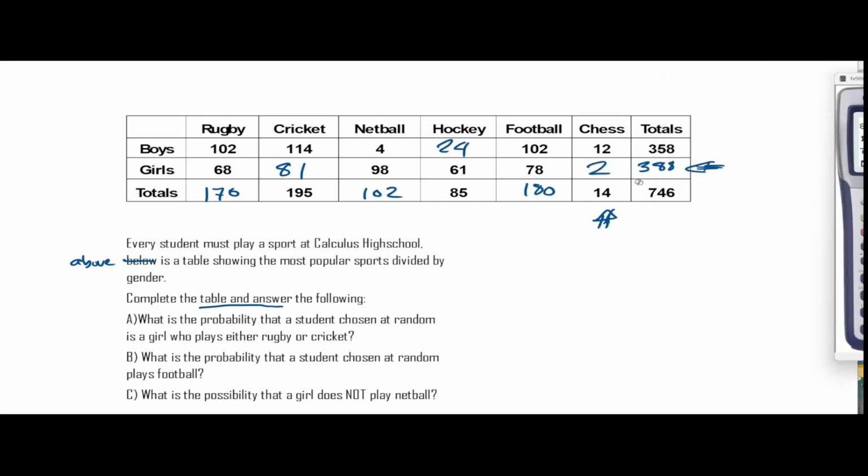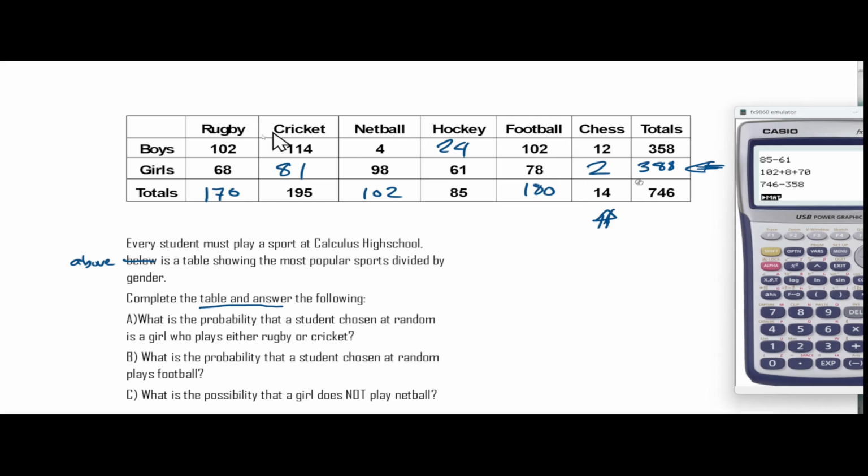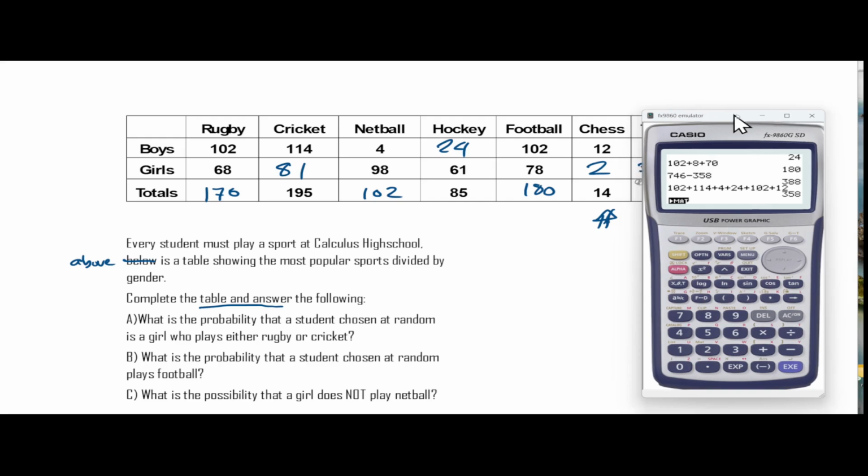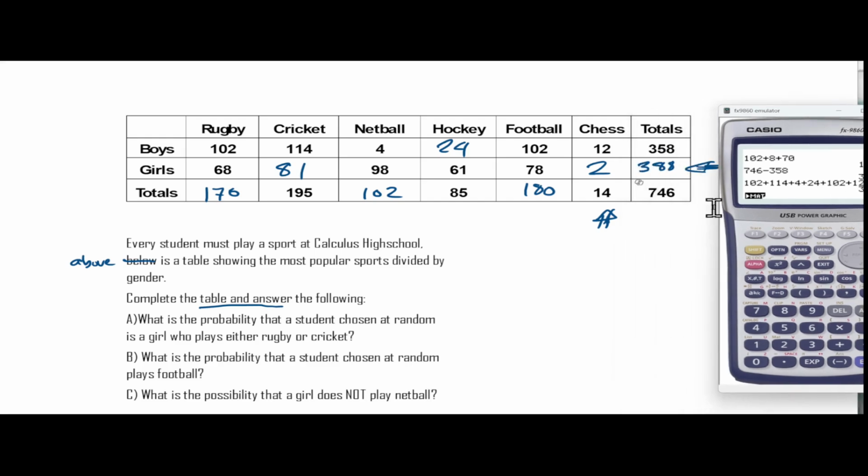All right, welcome back. Let's do a pretty quick test. Let's go across and see that our totals are correct. So 102 plus 114 plus 4 plus 24 plus 102 plus 12. Does that come to 358? Yes, it does. So that's correct. And let's go across.